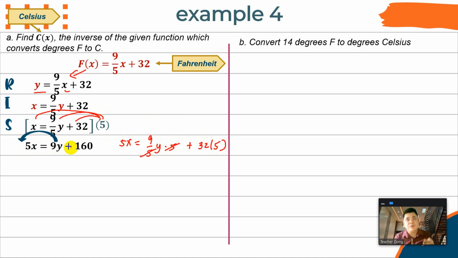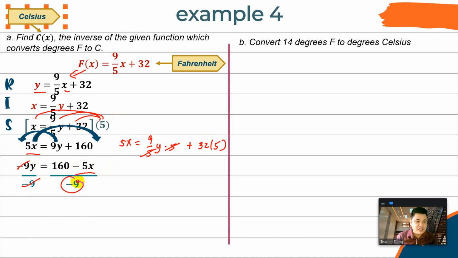Then you have to make sure that all terms with y will be on the left and x will be on the right. So we will have now negative 9y, because if you transpose 9y to the left, you will have negative 9y. And then we have 160, and you will transpose 5x, it will become negative 5x. Then isolate y by dividing both sides by negative 9.